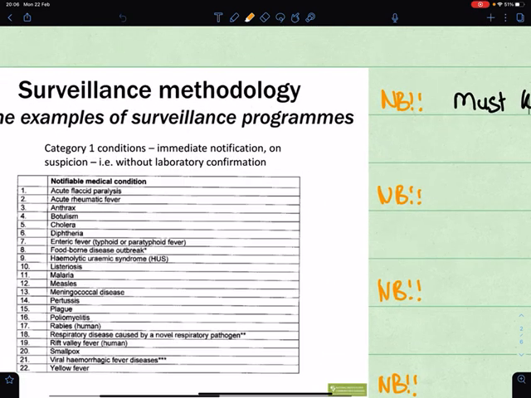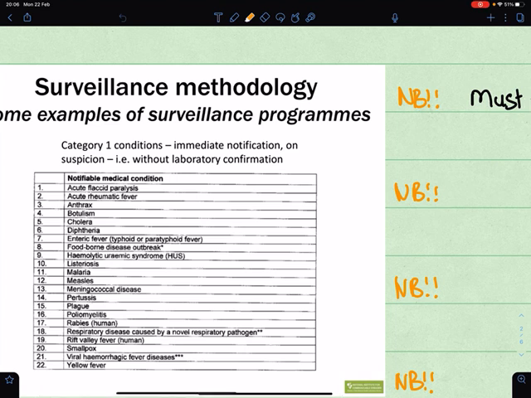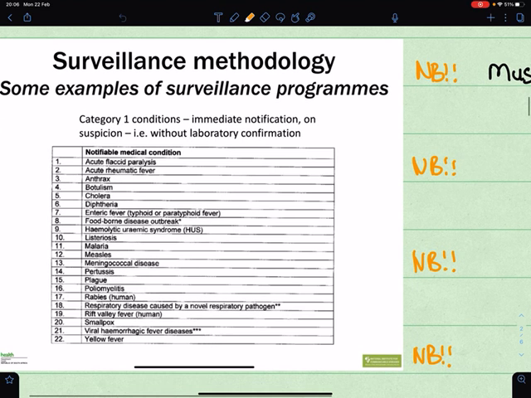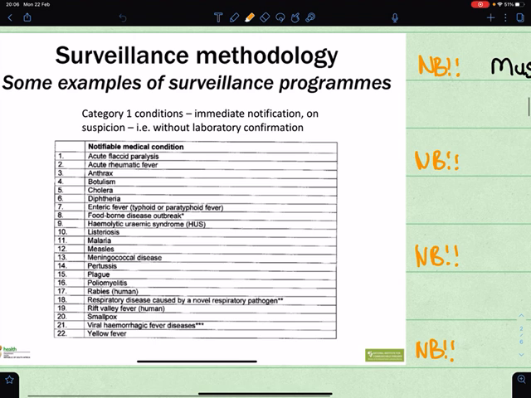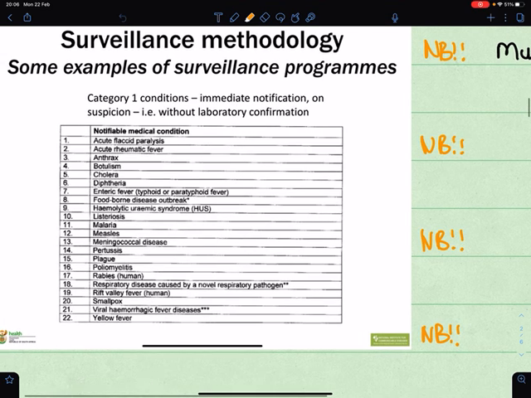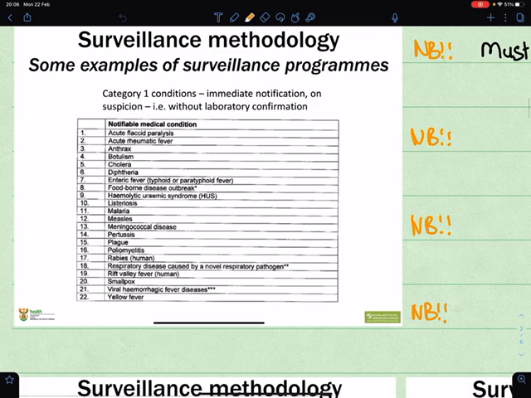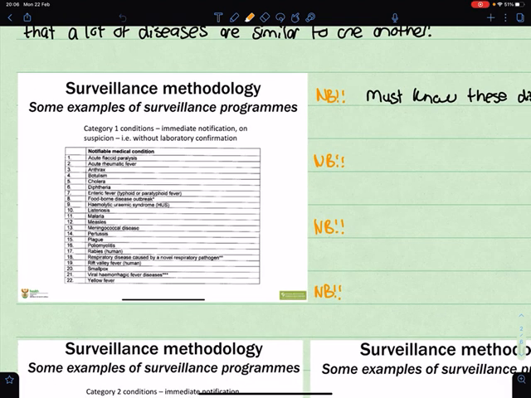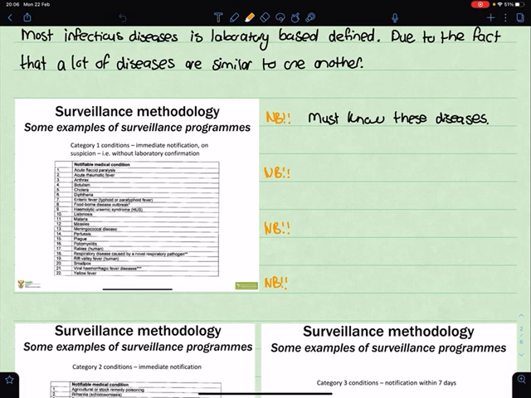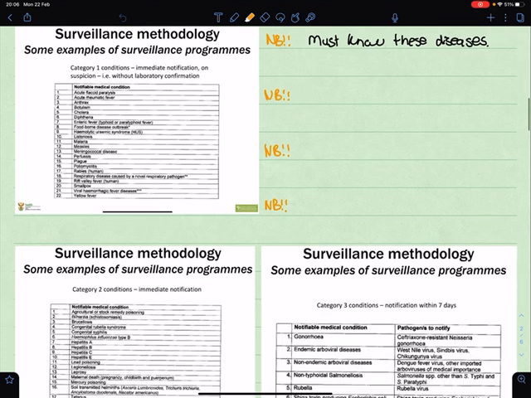So it's things like acute rheumatic fever, anthrax, botulism, cholera, diphtheria, enteric fever, foodborne disease outbreak, listeriosis, malaria, measles, meningitis, the plague, polio, rabies, smallpox, yellow fever. All these things should be notified immediately on only suspicion, not even laboratory based.